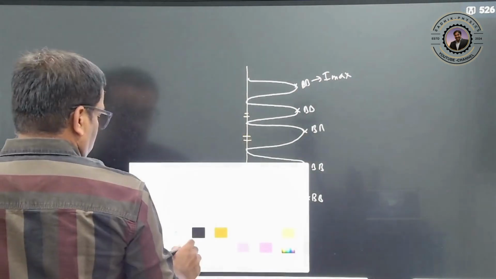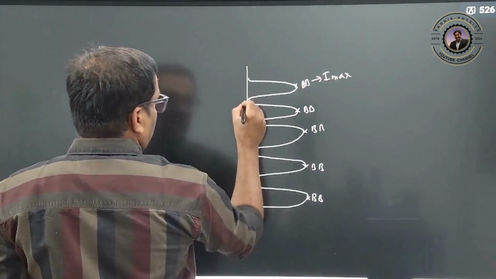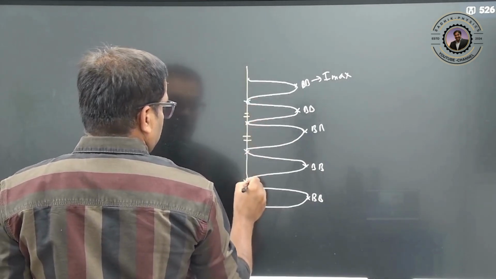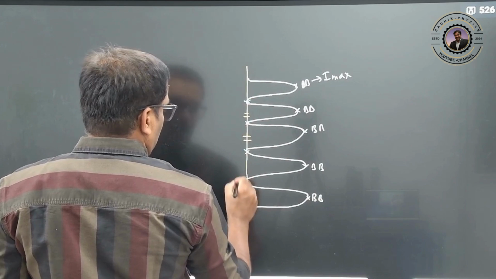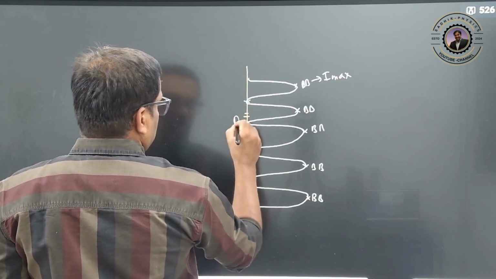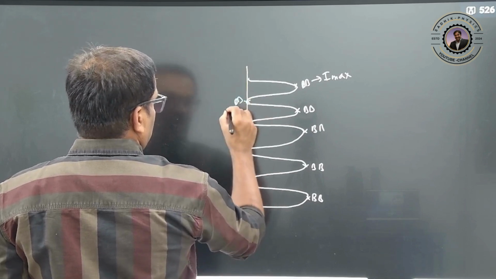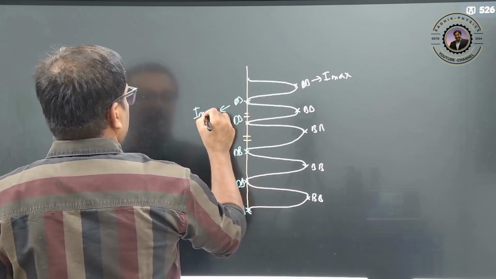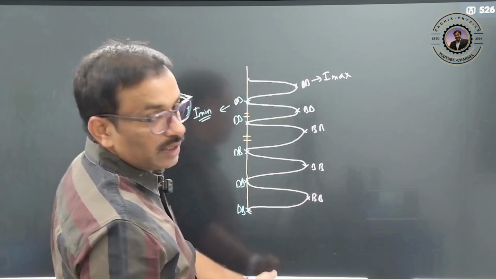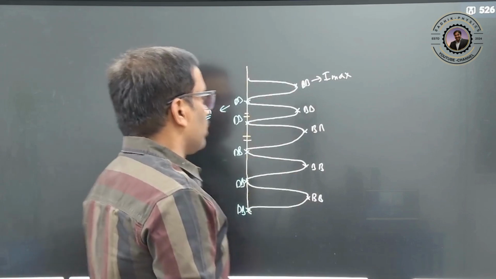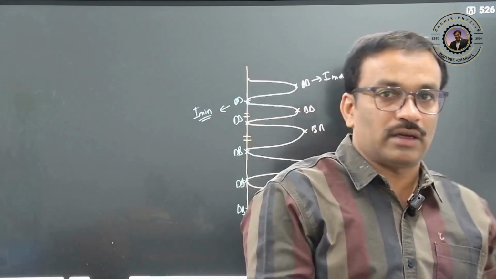These are the positions where intensity is minimum, therefore these are nothing but dark bands, dark bands, dark bands. Here intensity is minimum, clear, and the whole intensity variation will be the same.